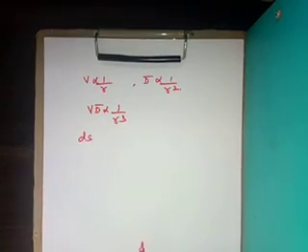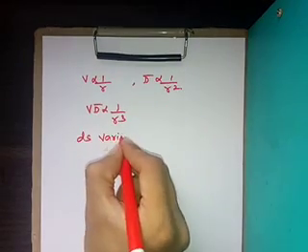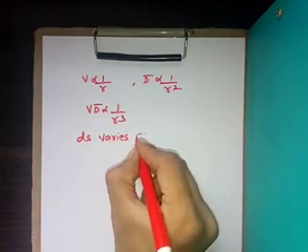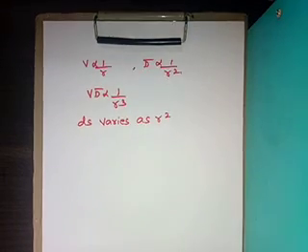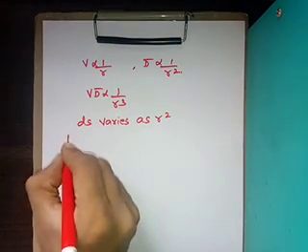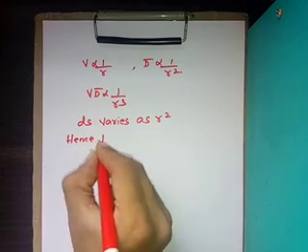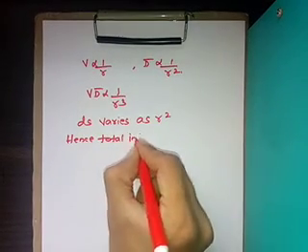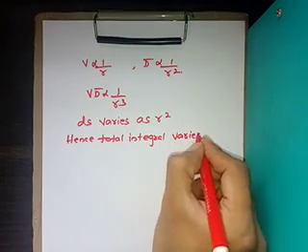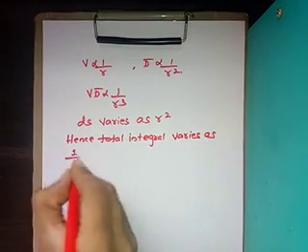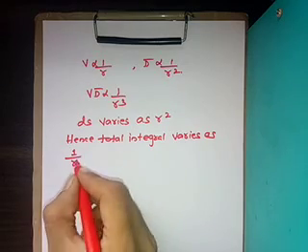ds varies as the surface, the area. So it is R into R, that is, R square. ds varies as R square. Hence total integral varies as 1 by R, right? So how did we get this 1 by R?